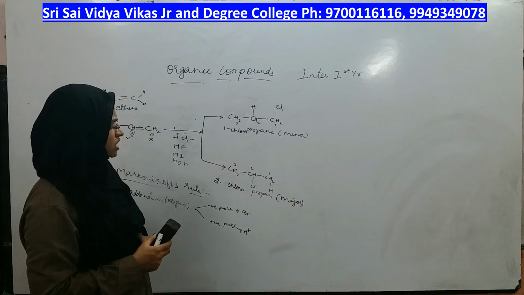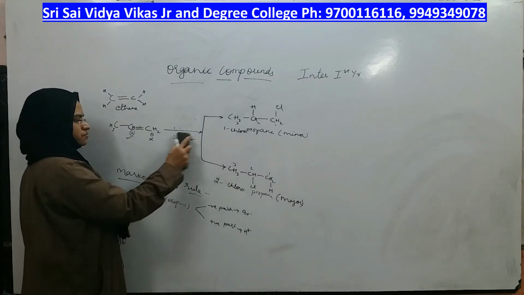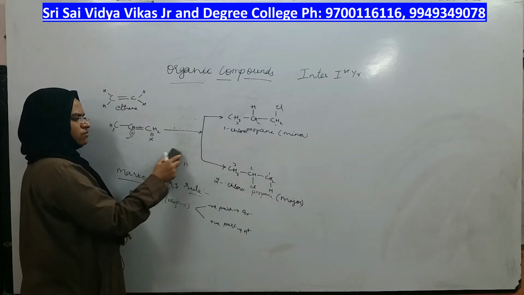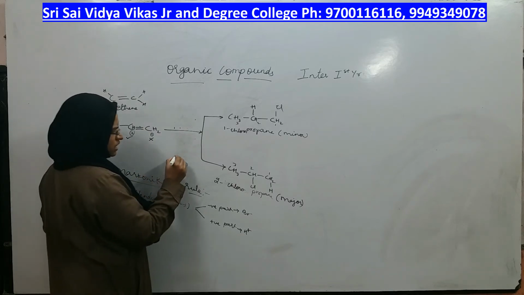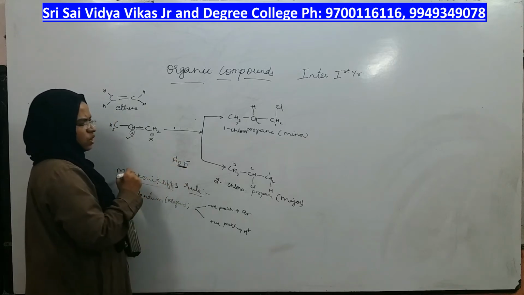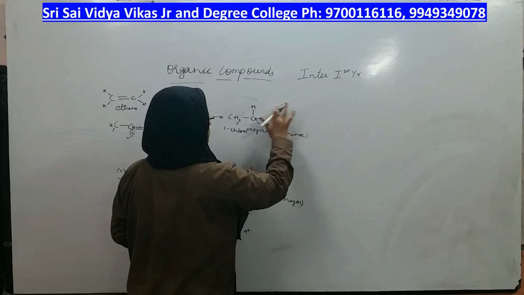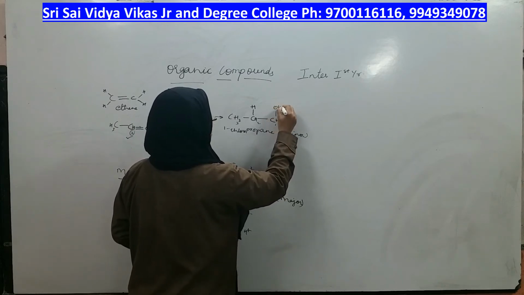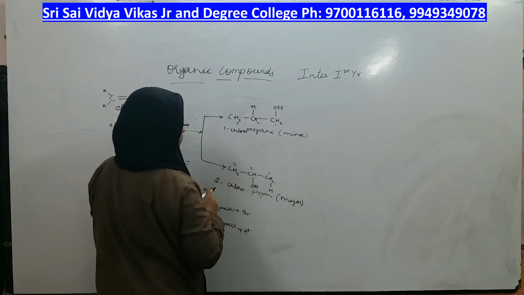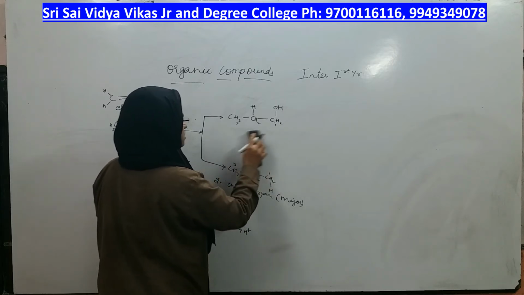If I add water, what will be the product? The same product pattern will be obtained by following Markovnikov's rule. Water has H plus and OH minus. What is the negative part of the addendum here? OH minus. The negative part of the addendum attaches to the carbon containing fewer hydrogens. So what will be the product for water?